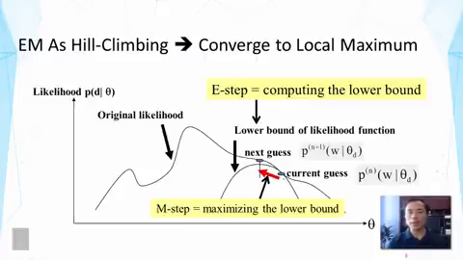Now, as you can imagine, when we have many local maxima, we also have to repeat the EM algorithm multiple times in order to figure out which one is the actual global maximum. And this actually, in general, is a difficult problem in numerical optimization. So here, for example, had we started from here, then we gradually just climb up to this top.